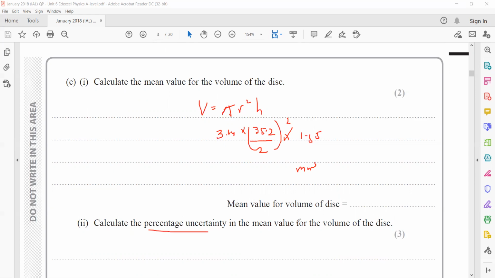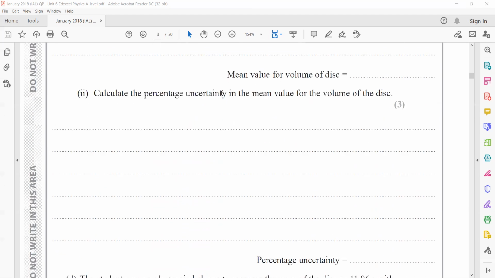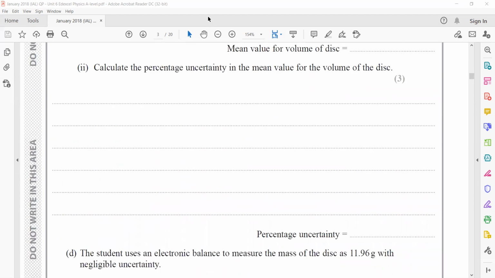Then calculate the percentage uncertainty in the mean value of the volume. How is the volume calculated? Volume is calculated by radius square multiplied by h multiplied by pi. So we'll calculate the percentage uncertainty in R, and the percentage uncertainty in h, and we will add them.